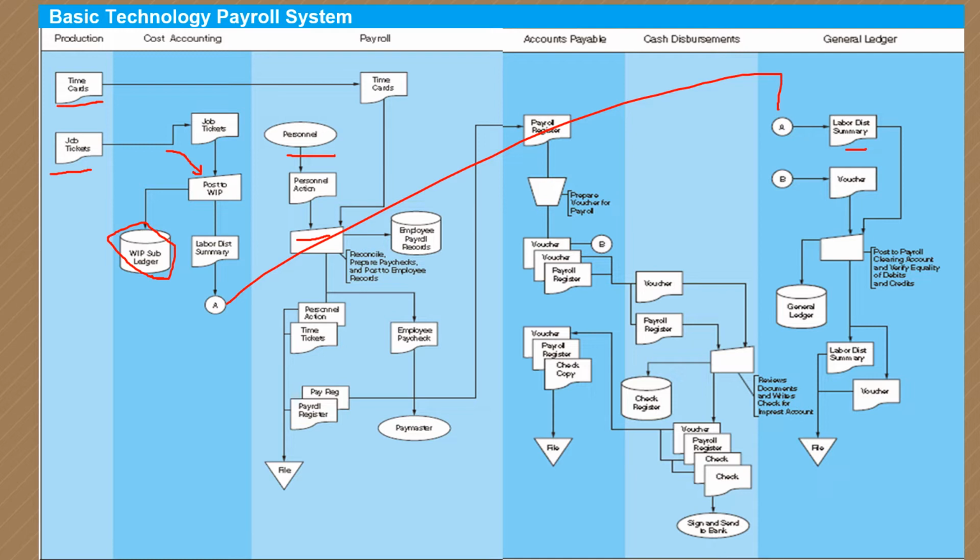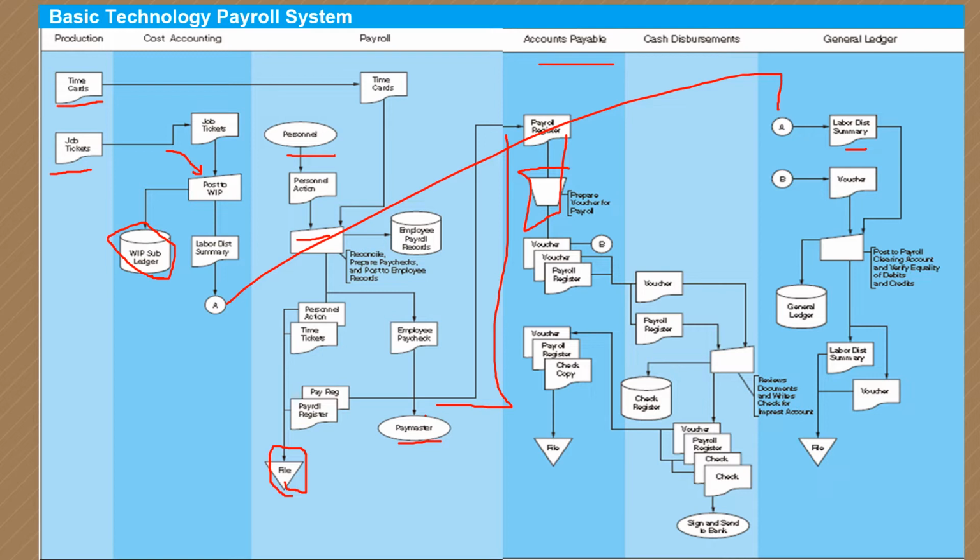Time cards will be filed in the payroll department, and the pay slip and payroll register will be prepared and sent to the paymaster, kept there, and then sent to accounts payable for updating. Notice that this is the manual processing of the payroll voucher for payroll.